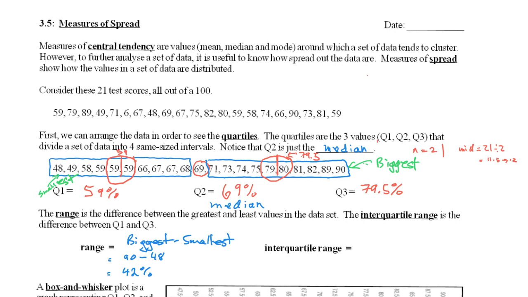Now, when we talk about this thing called an interquartile range, we are looking for the difference between Q3 and Q1. So we want to see what the difference is for roughly 50% of all the information.